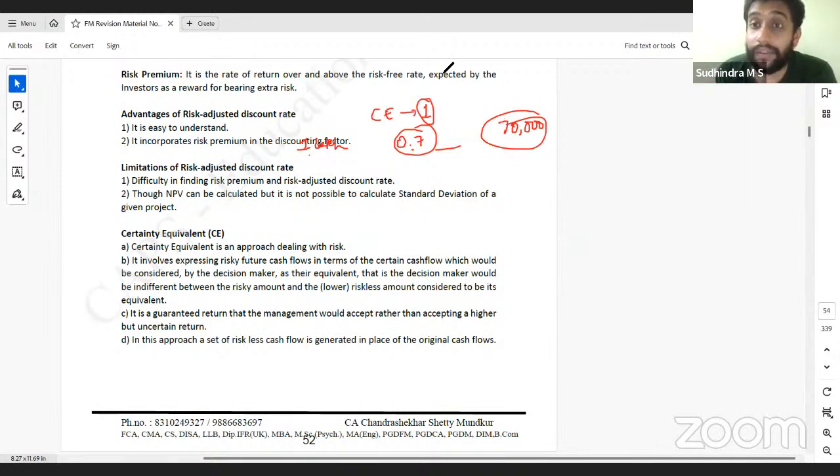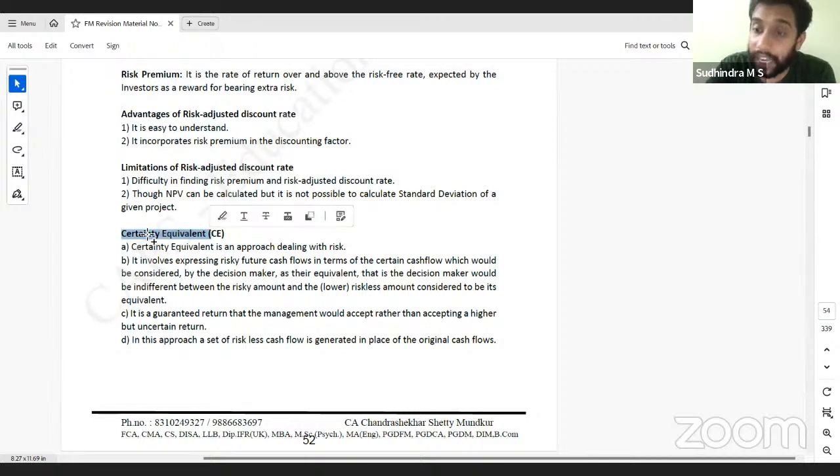Again, certainty equivalent is not a technique as such. Using certainty equivalent, we calculate risk-free cash flows, then we calculate NPV using those risk-free cash flows. So RADR and certainty equivalents help us in getting a value using which we can calculate NPV.